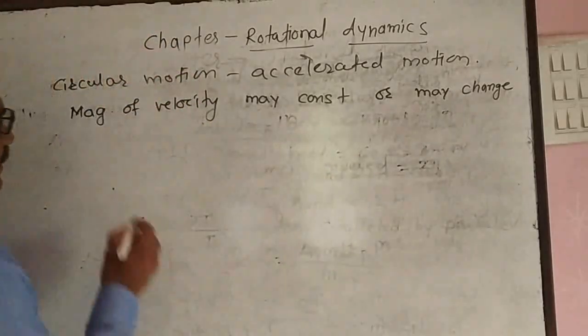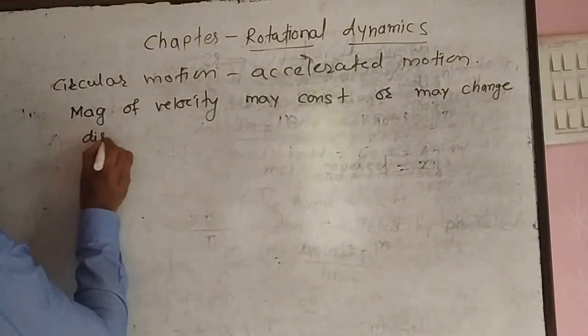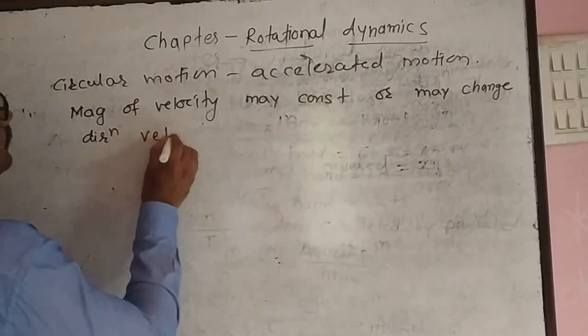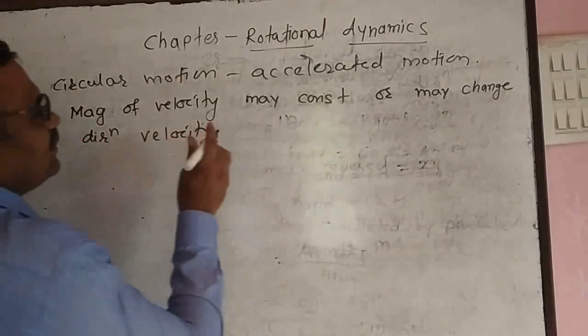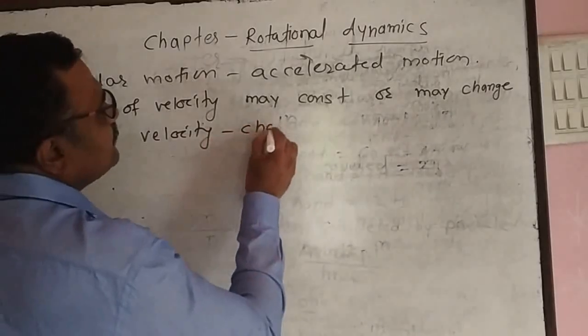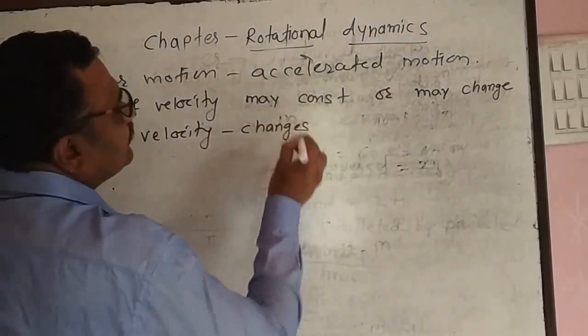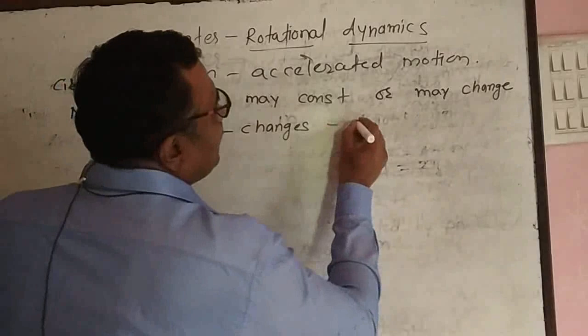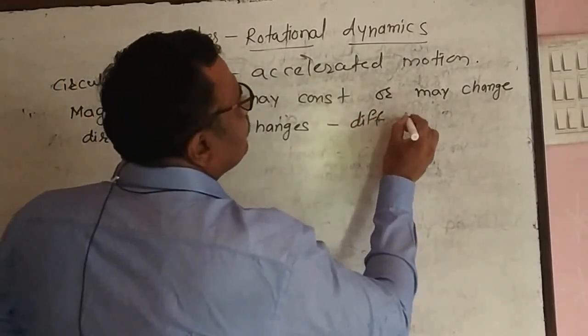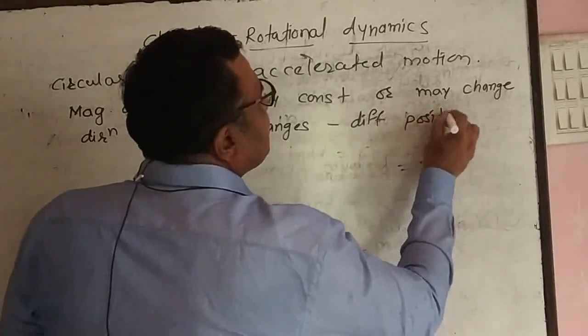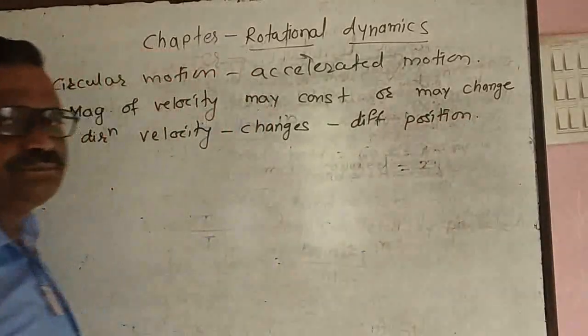But we observe the direction of velocity is given by the tangent, and the direction of this velocity continuously changes when the particle takes different positions on the circumference of the circle.